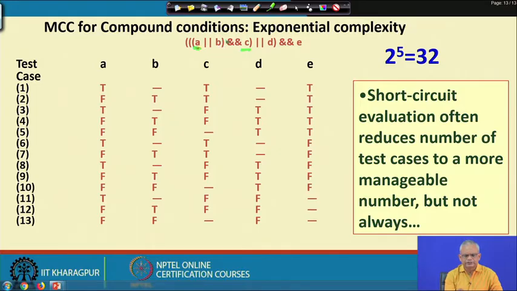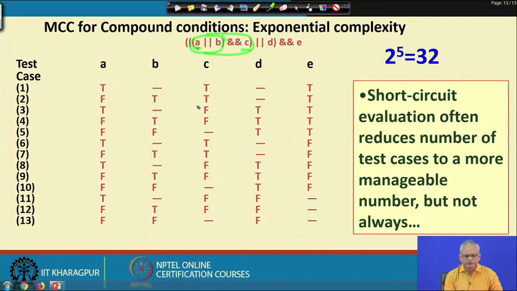If A is true, then this expression is true, and if C is true, then this is true, and if E is true, then it turns out to be true, D does not matter. So, whether B and C are true or false does not matter. So, we can just consider one of those, and therefore the number of test cases reduces by 1.